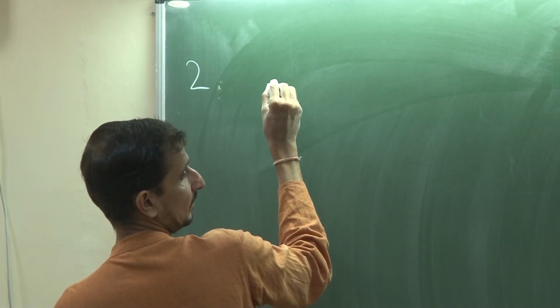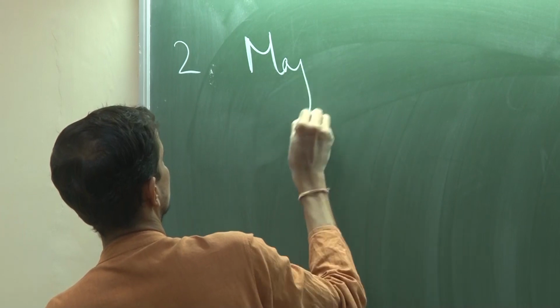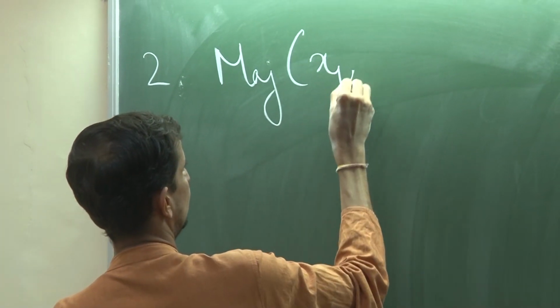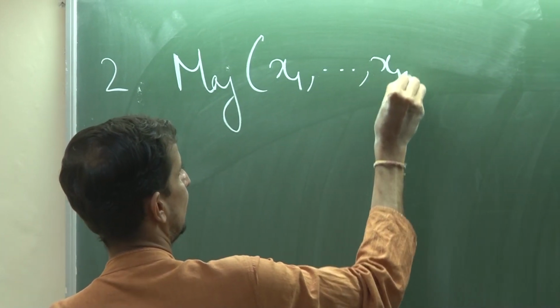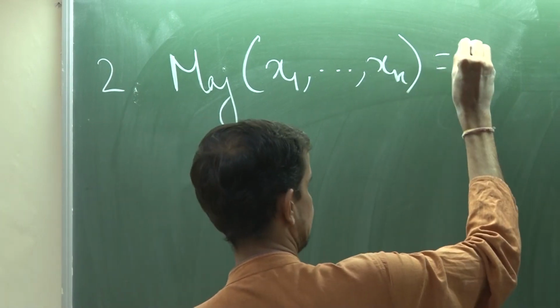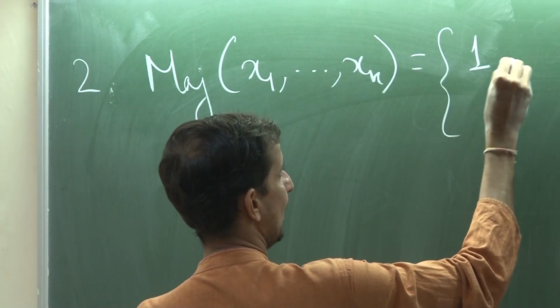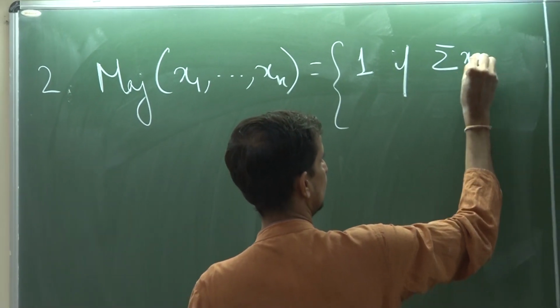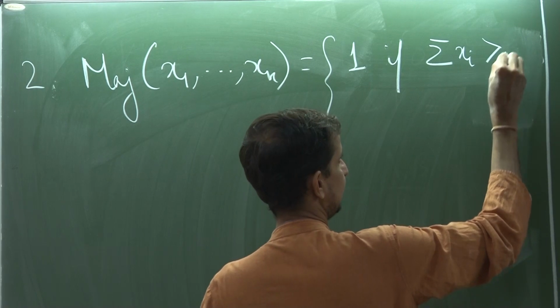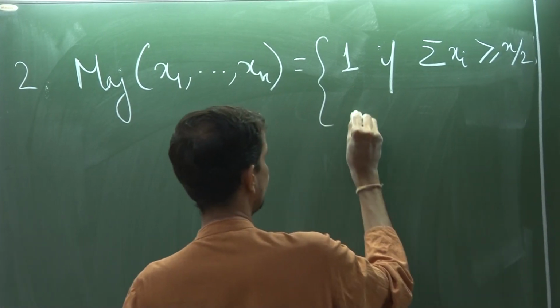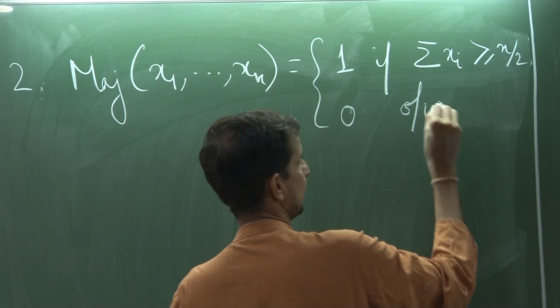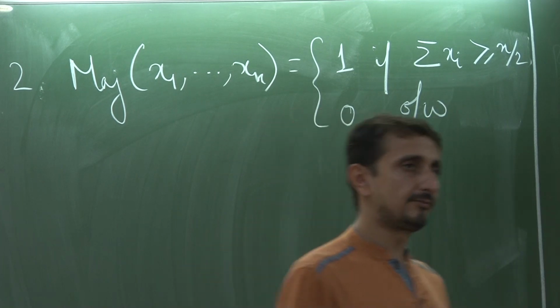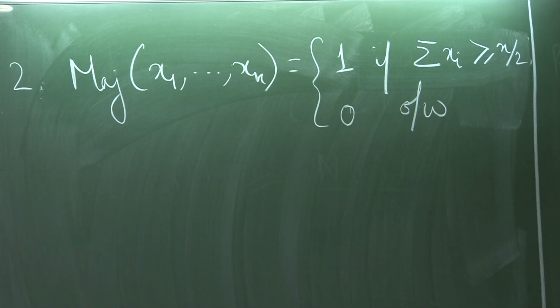So, majority of x1 to xn is equal to 1 if sigma xi is greater than or equal to n by 2 and it is equal to 0 otherwise. So, if the sum is at least n by 2, then the input is mapped to 1, otherwise it is mapped to 0.